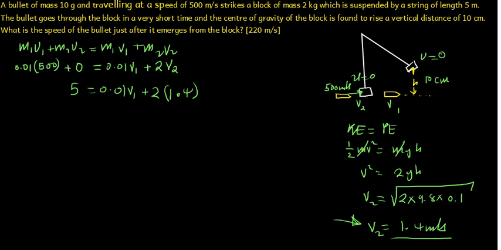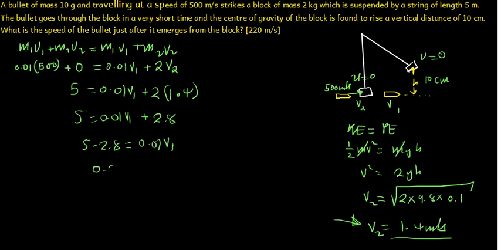So 5 is equal to 0.01 v1 plus 2 multiplied by 1.4. That is going to be 2.8, and I can take the 2.8 over to the other side. It becomes negative, so that will be 5 minus 2.8 is equal to 0.01 v1.